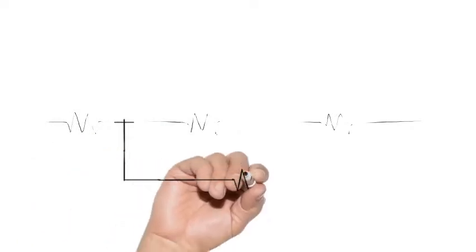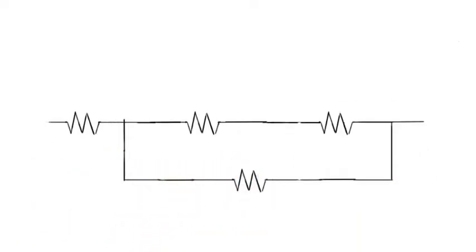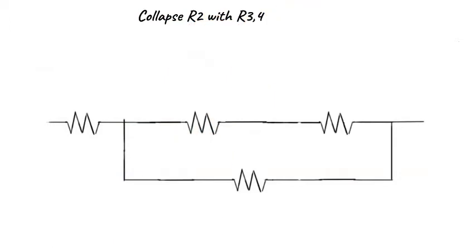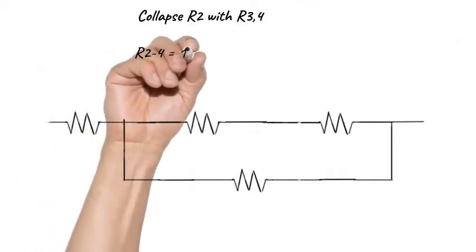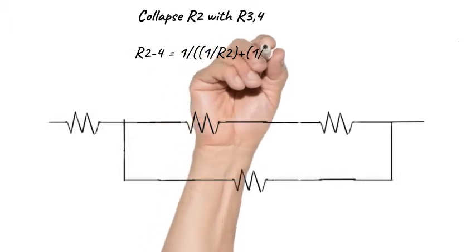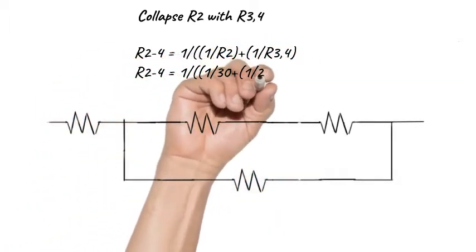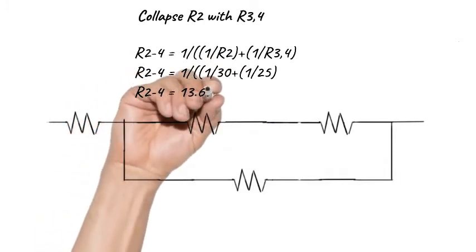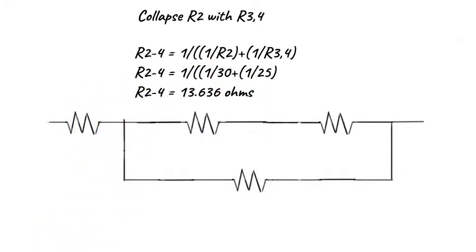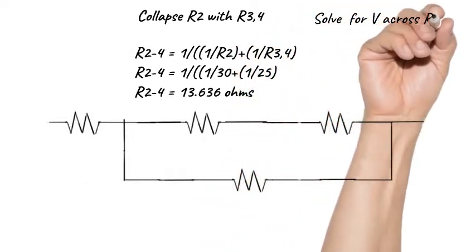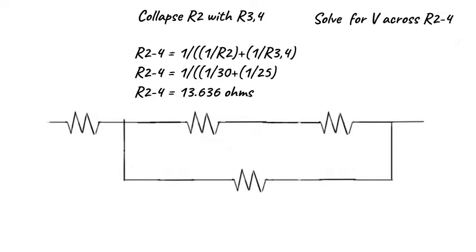For our next step, we will redraw the circuit, and we're going to collapse R2 with our 3-4. So R2 is in parallel with our 3-4, and we'll use our inverse formula to calculate that resistive value, and we get a resistance of 13.636 ohms.